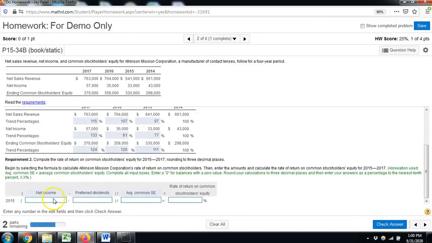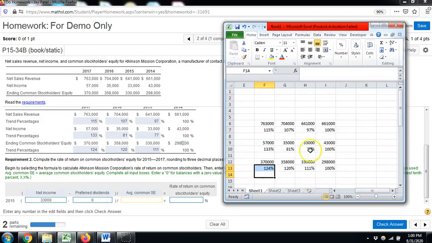Okay, so now let's put these numbers in. So net income, and again this is 2015, so we have net income 33,000, no preferred dividends, and common shareholders' equity is basically the average of this 330,000 and this 298,000.